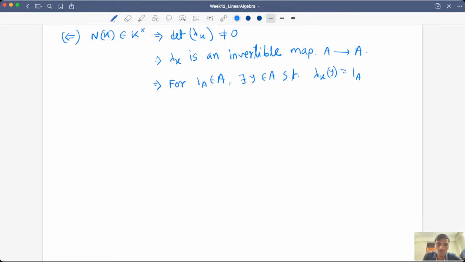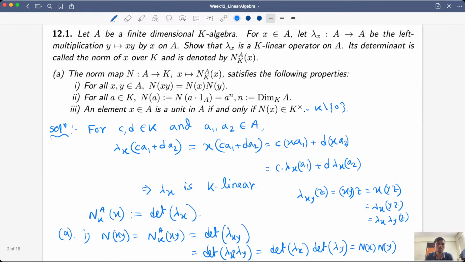And this y is also unique, as the map is invertible, so this implies that xy equals 1, and this implies that x is invertible. Right, so this converse is also done, so this completes all the three properties that are claimed here.